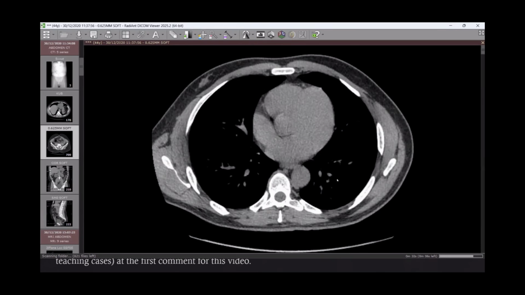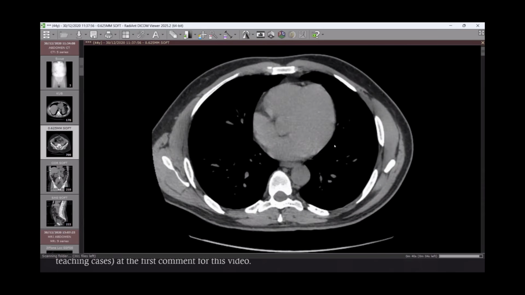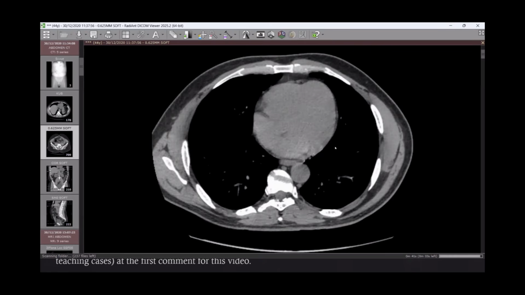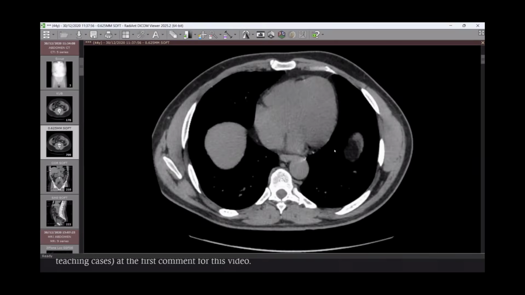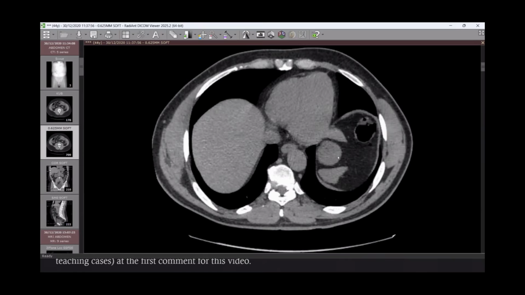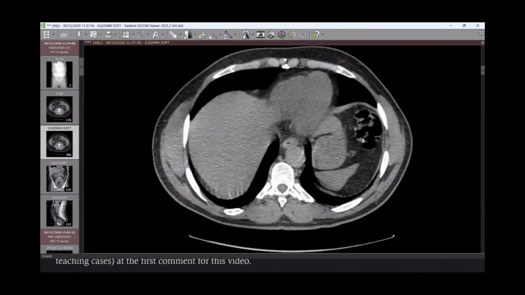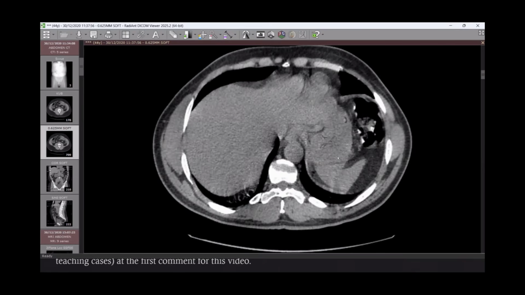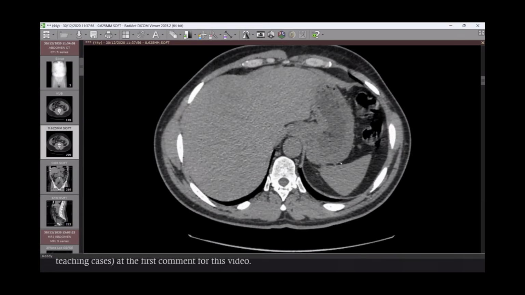Yeah, this patient came to me complaining of loin pain. You can scroll. I'm presented with CT scan axial sections, unenhanced study of a patient who presented with loin pain.